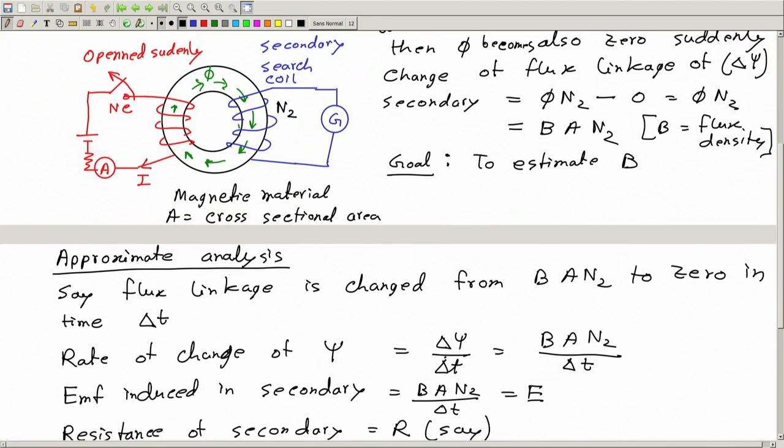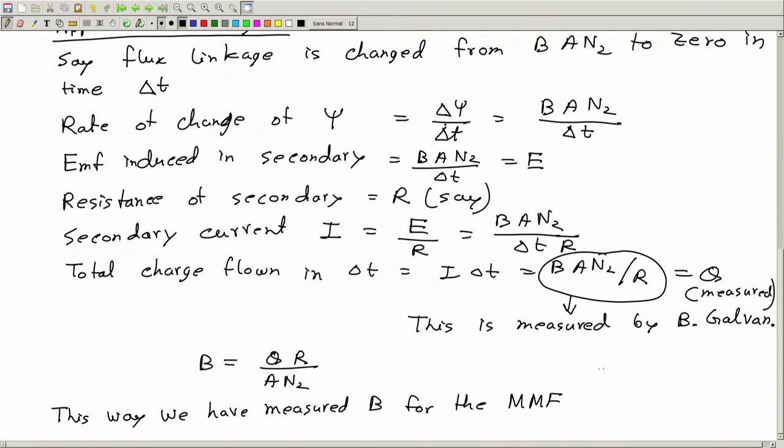How much is that? If this current is I and this is N1, then the MMF was I times N1, or H.